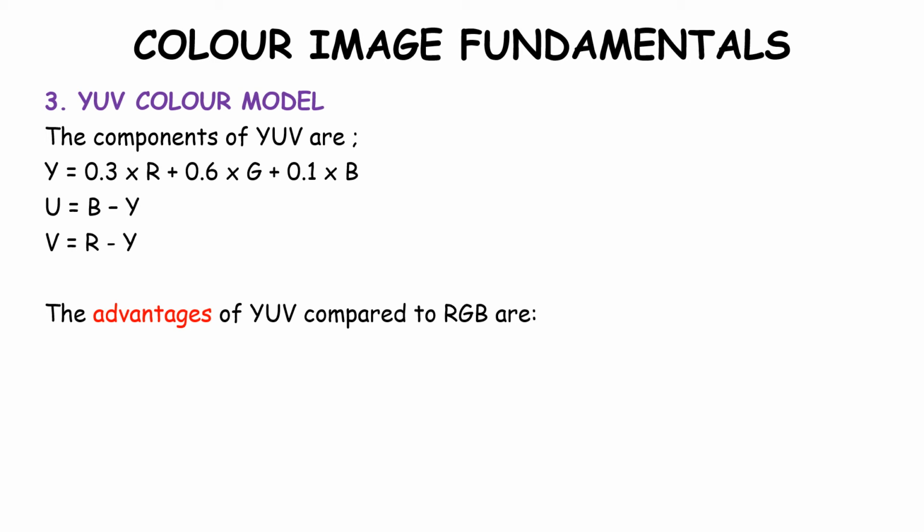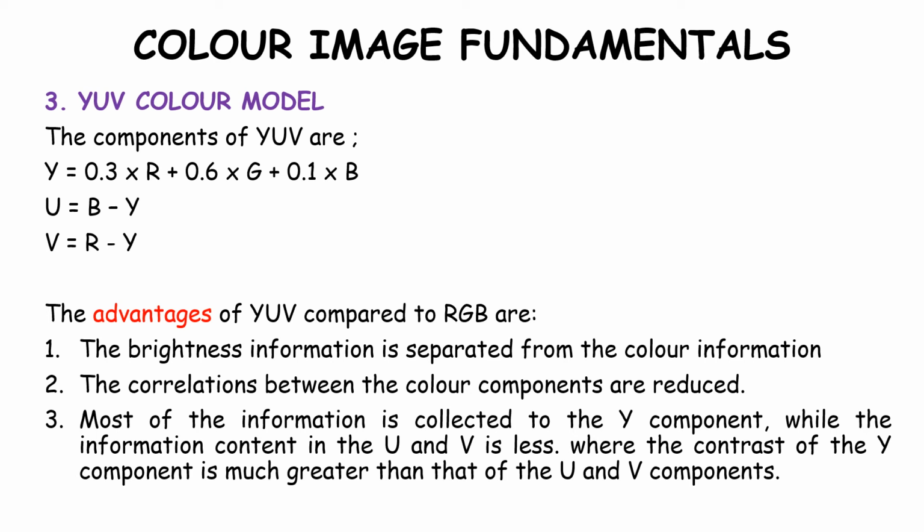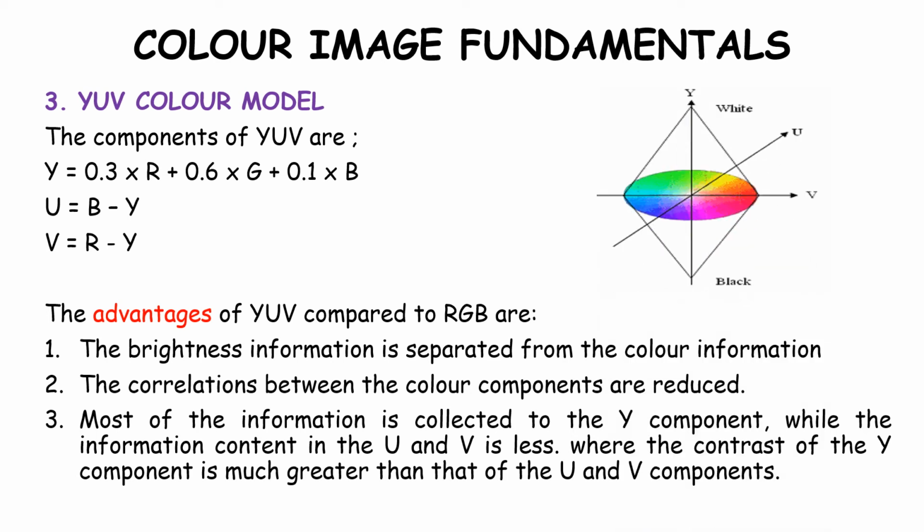Now moving on to the advantages of YUV compared to RGB. The brightness information is separated from the color information. The correlations between the color components are reduced. Most of the information is collected in the Y component, while the information content in U and V is less, where the contrast of the Y component is much greater than that of the U and V components.